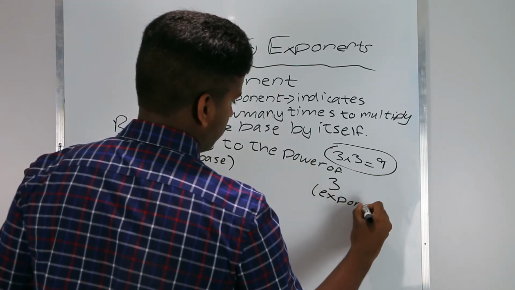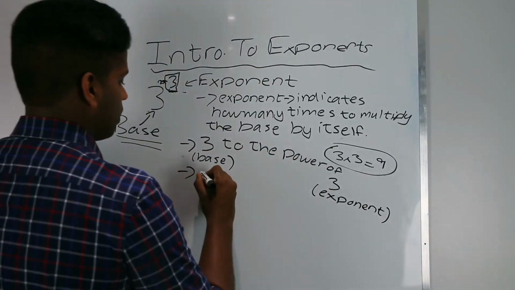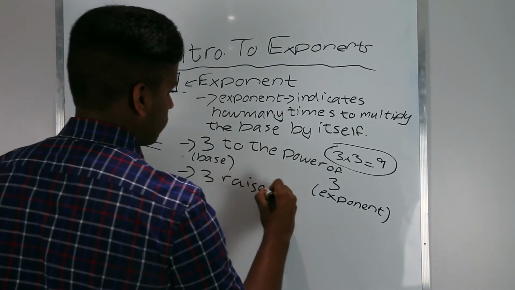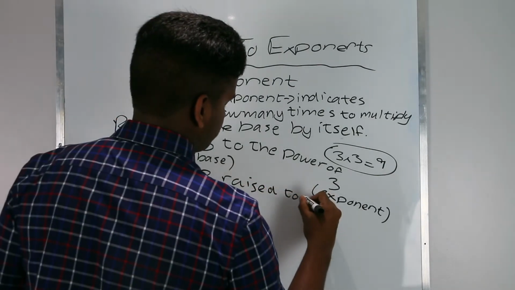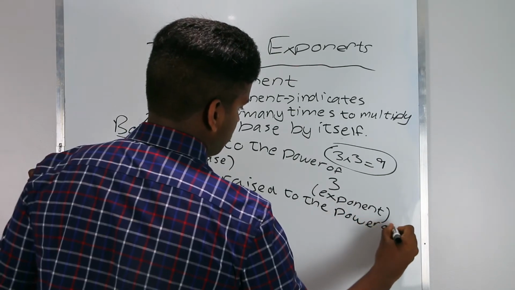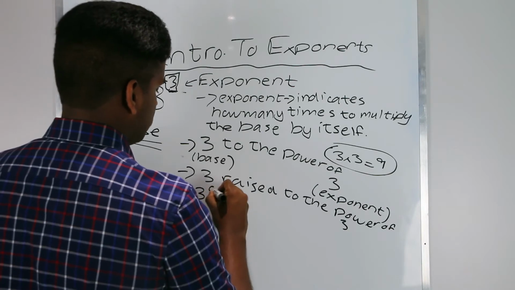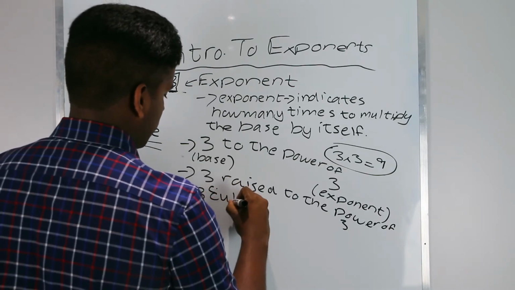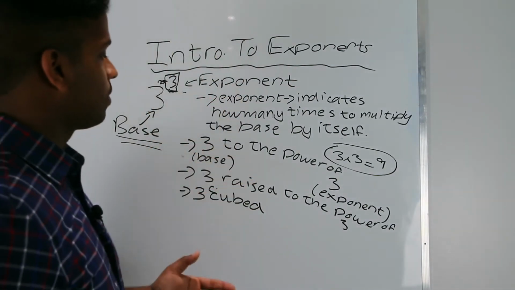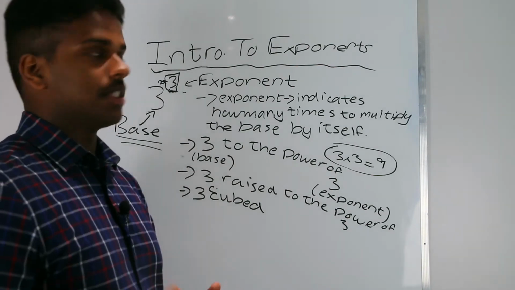We could also say 3 raised to the power of 3. There would also be 3 cubed, and if the exponent was 2, you could say 3 squared. These are some phrases you can use to describe exponents.